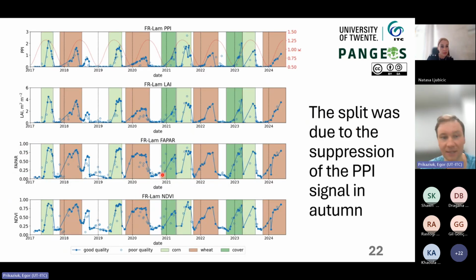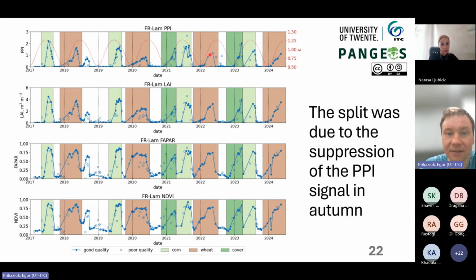Then we looked at the other indices, so PPI is the one that the producer uses, but there were also LAI, FAPAR, and NDVI. And once we look at the site through the prism of these indices, we can see that indeed, if we look at FAPAR, if we look at NDVI, the surge, this upward thing is visible already in autumn in the signal, so it's logical to put a threshold here.